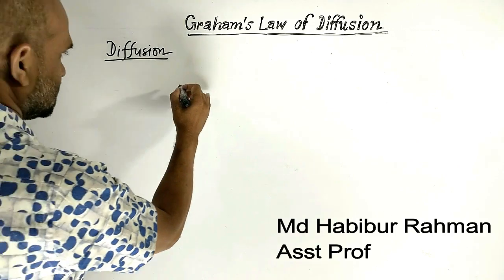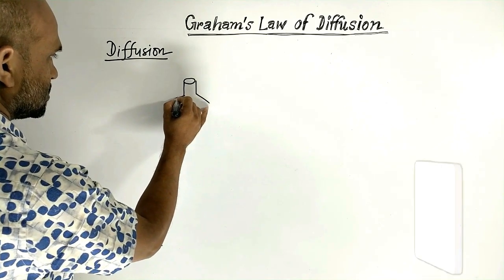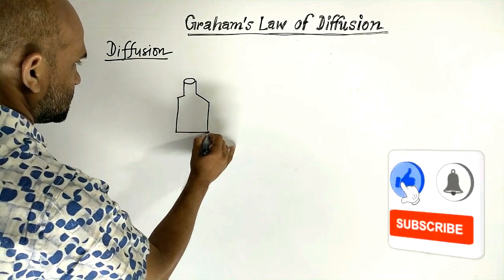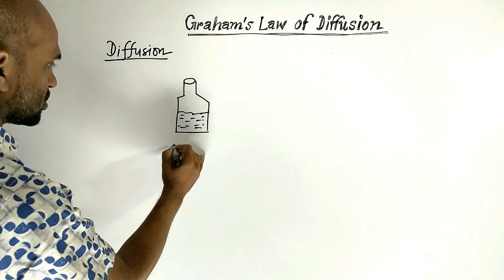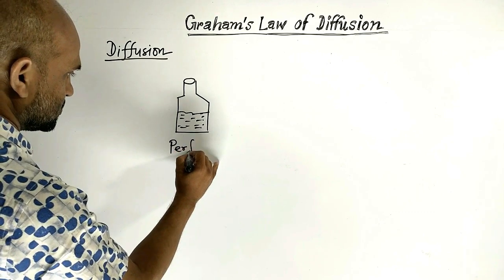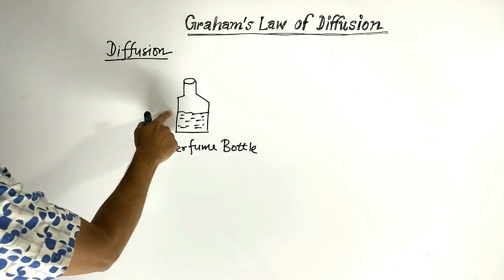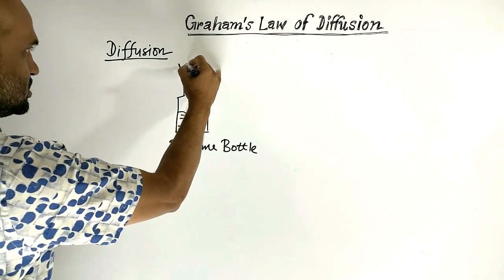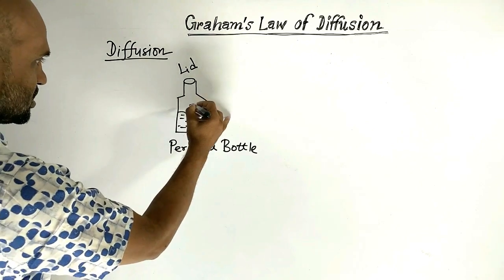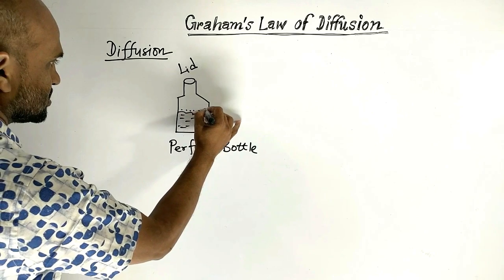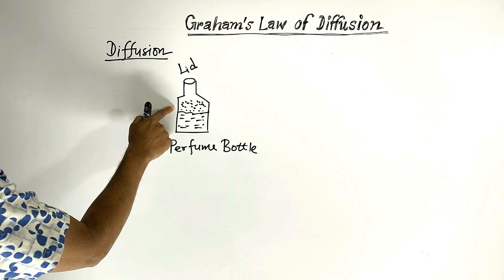Diffusion. Let us suppose this is a perfume bottle. Here the lid is opened. Perfume is a highly volatile substance. Here, perfume gases with high concentration.